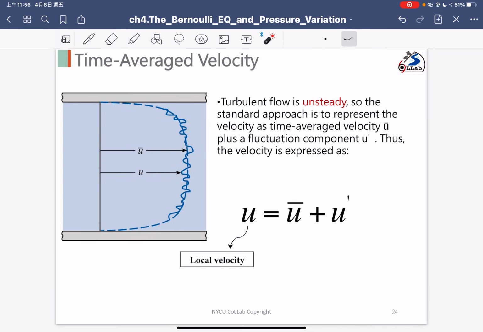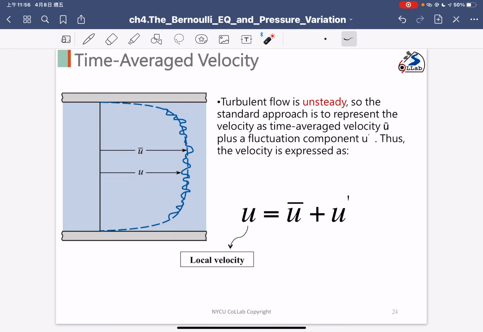Until now, there is no certain velocity function that can describe the turbulent flow profile, because you can see the turbulent velocity profile has some fluctuation. There is no function that can describe the velocity profile.